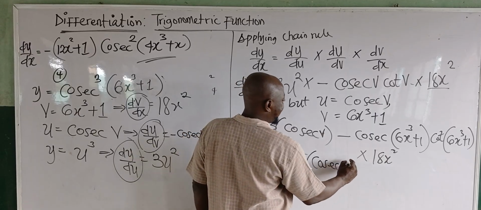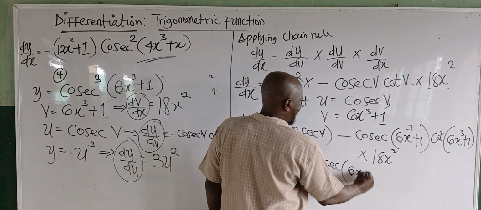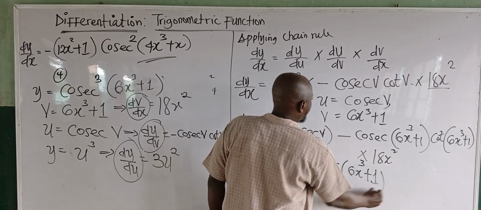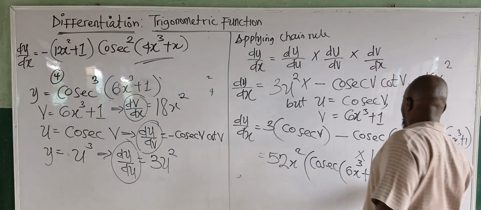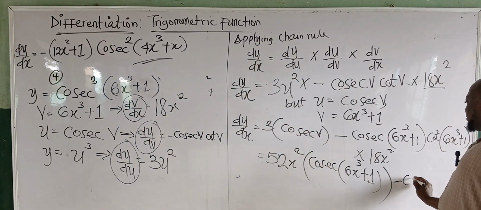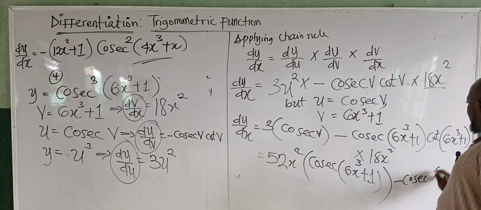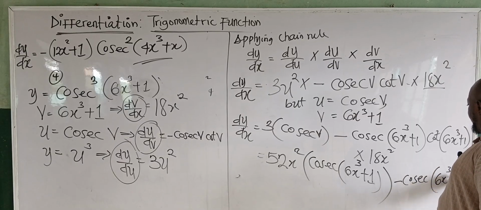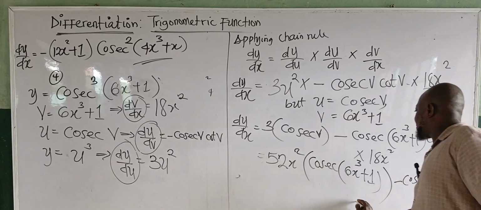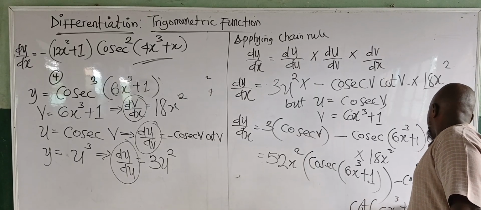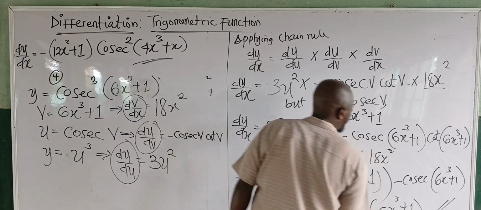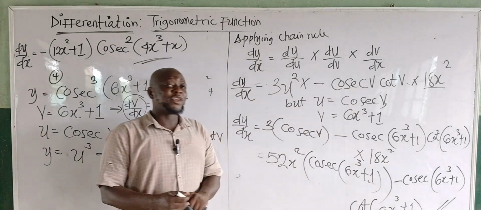I will replace this v using my what? 6x cubed plus 1. Don't forget, because we say let our v be this. Don't forget that. So here, bracket close, then bring all of this one down. So I have this value, cosec, then 6x cubed plus 1 here, then cot, please, cot 6x cubed plus 1. So this is it. This becomes my final answer. This is how you do this.